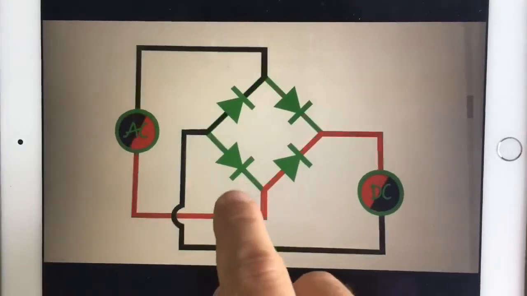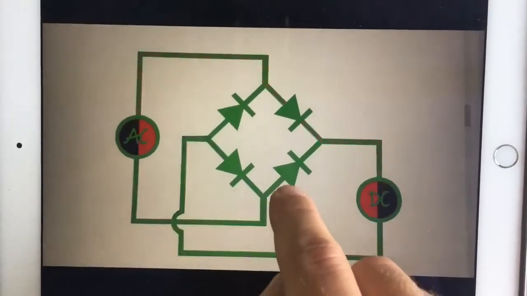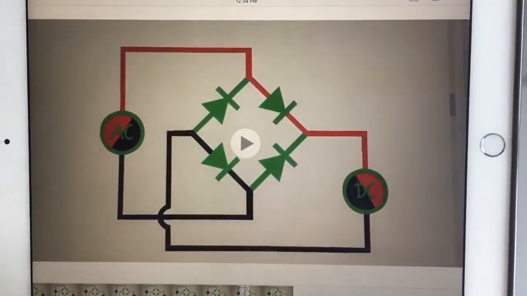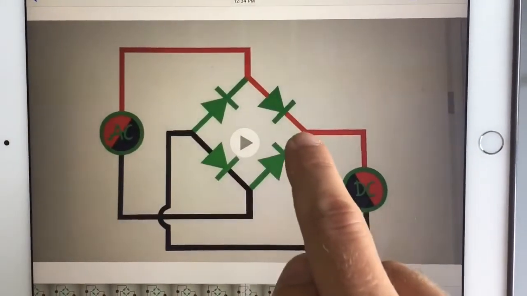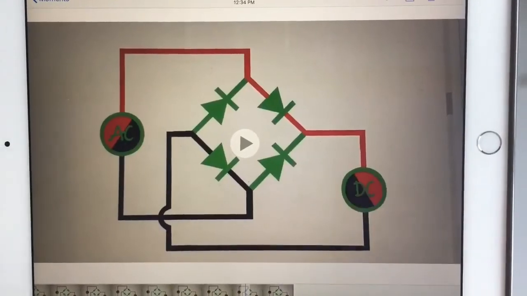So if I pause it here, then the positive travels through this diode and it makes the top of the DC positive.